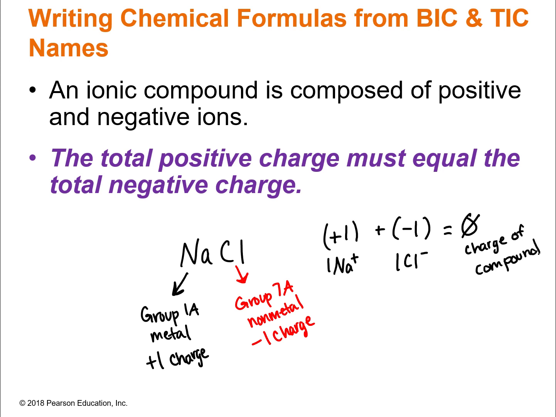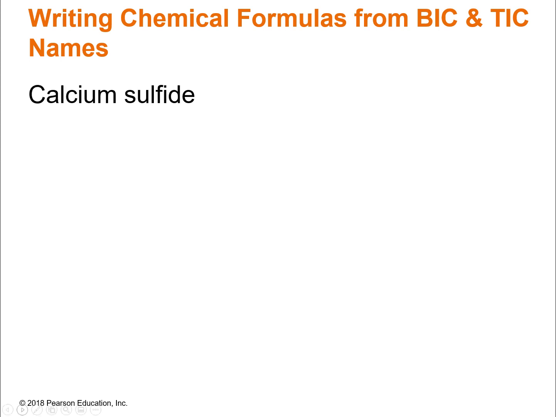When we're writing chemical formulas, you always want to do this check to make sure that your formula is correct. A correct formula will have an overall charge of 0. When you add all the positive charge to all the negative charge, it should be 0. Let's do some practice.